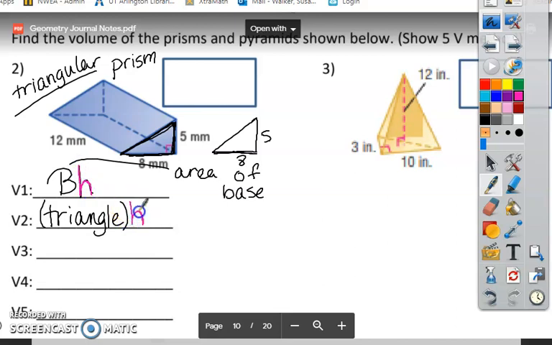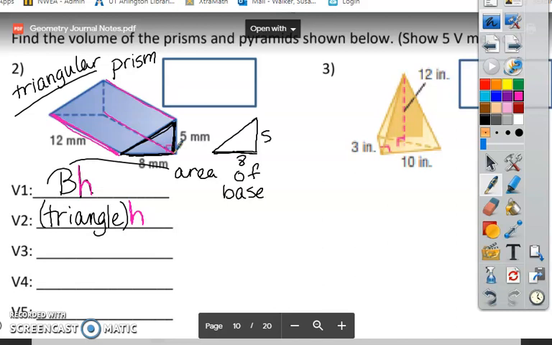This H is the number that connects the bases, which is 12. Okay? So this triangle is connected to this triangle through basically these measures here. So whatever connects the bases, that is your prism height.